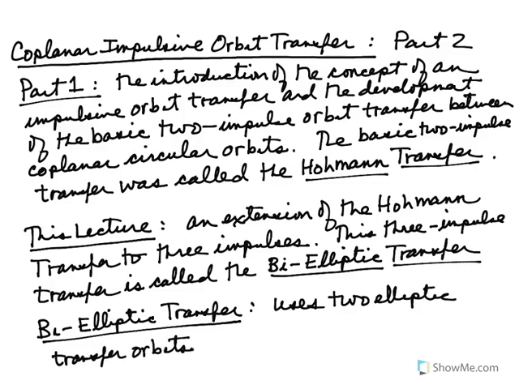And in the process of using 2 elliptic transfer orbits, it also uses 3 impulses. Now we will refer to these 3 impulses as delta V1, delta V2, and delta V3. But the best way to start this is to actually look at a diagram of the BiElliptic transfer.